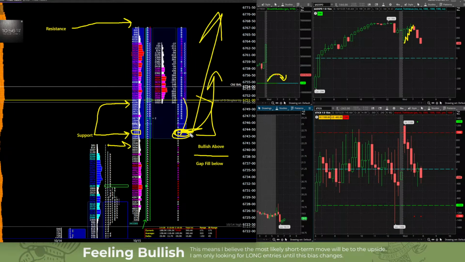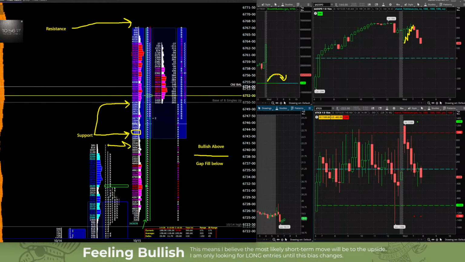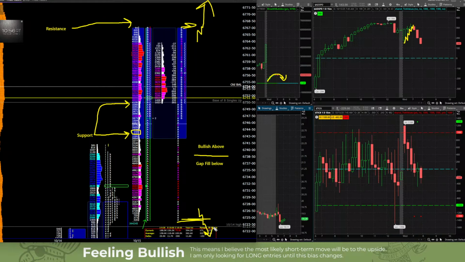Then you asked a question about one time framing. So my personal definition of one time framing only begins once we break out of the initial balance. Meaning we would have to get above the B period high, then we're one time framing up, or below the A period low, then we're one time framing down.